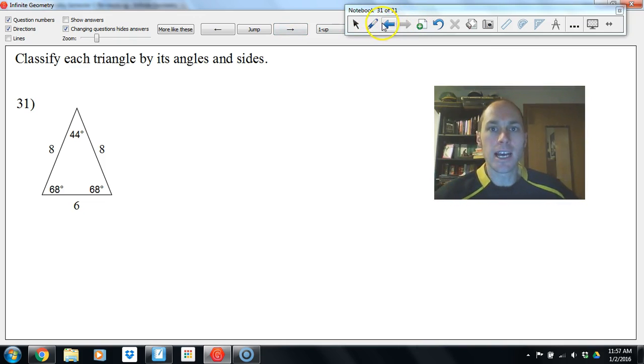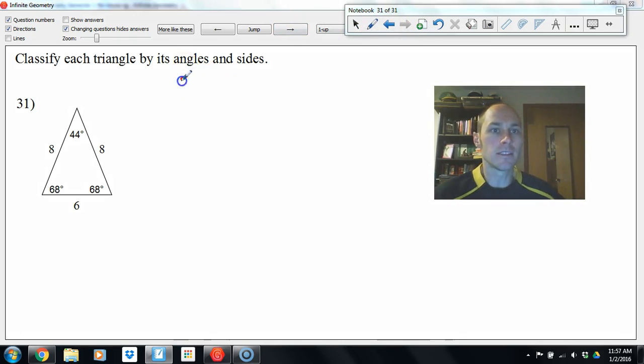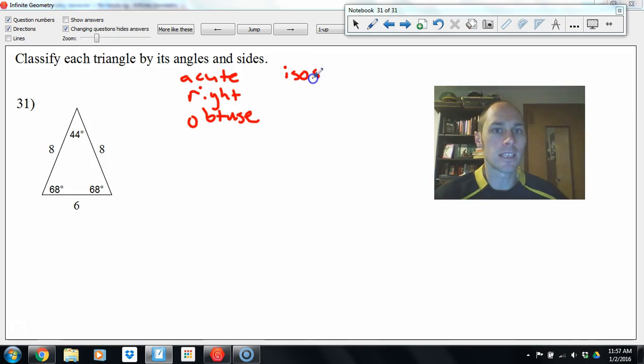Classified by angles and sides. So remember, by angles, it's either acute, right, or obtuse. If it's acute, all the angles are acute. If it's right, there's one right angle. If it's obtuse, there's one obtuse angle. And we can classify by sides. So it's isosceles, scalene, or equilateral.